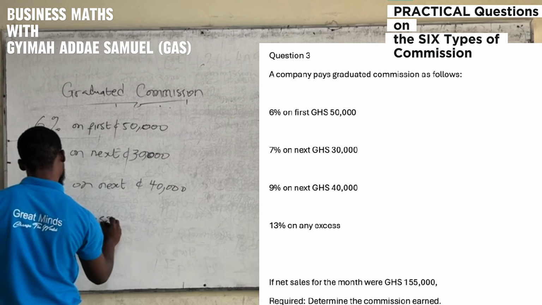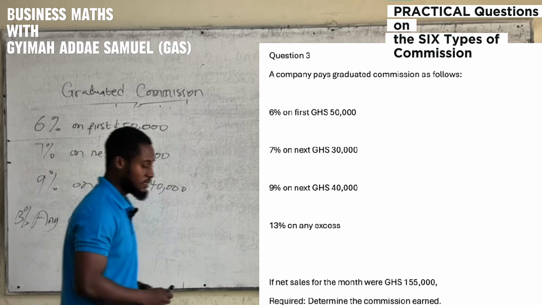So any excess that comes after, you find 13% of it.